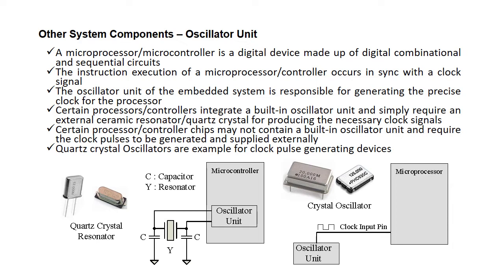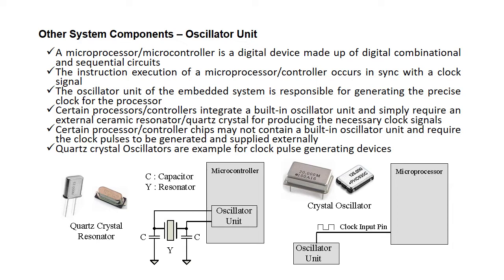Certain processors and controllers integrate a built-in oscillator unit and simply require an external ceramic resonator or quartz crystal for producing the necessary clock signals. Certain processor or controller chips may not contain a built-in oscillator unit and require the clock pulses to be generated and supplied externally.